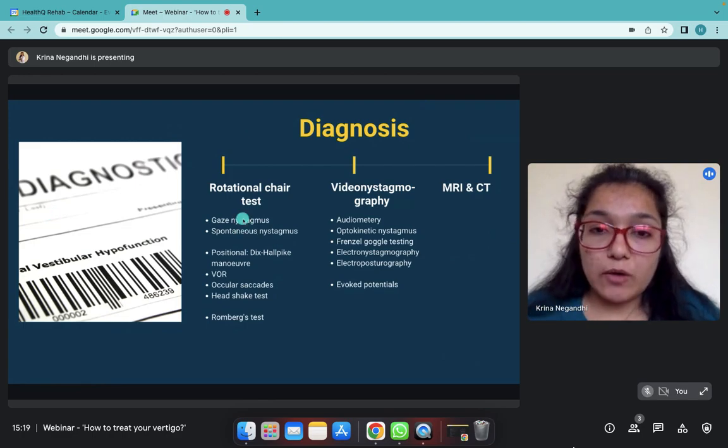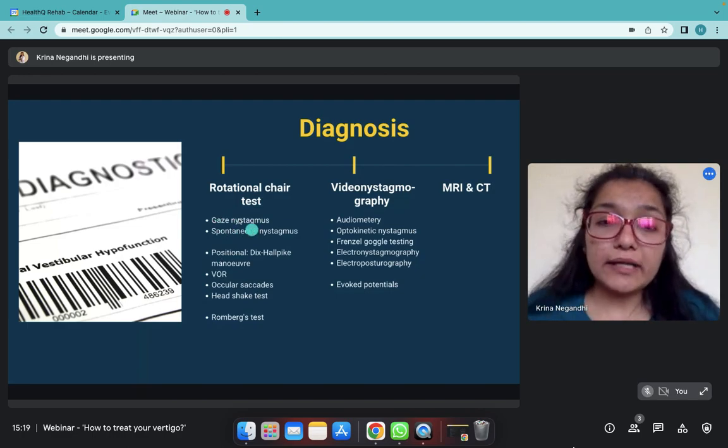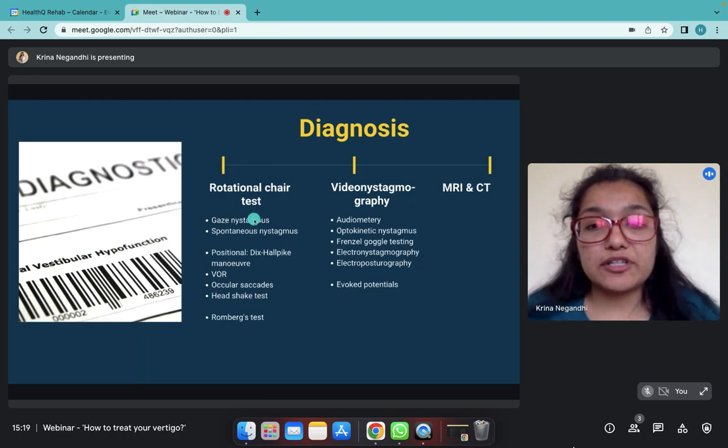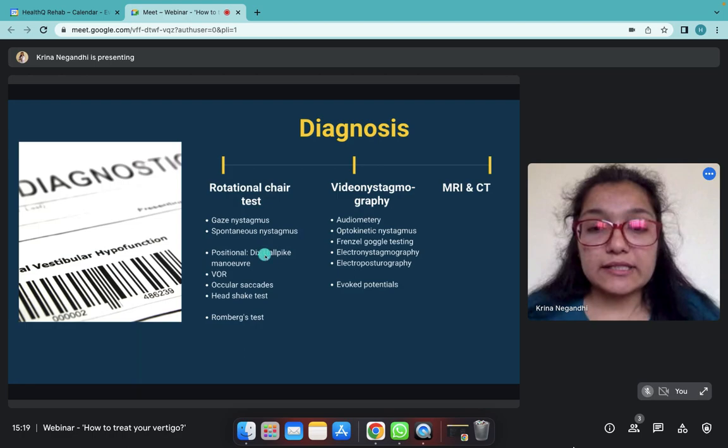Spontaneous and gaze nystagmus can be found in acute cases and also in chronic cases. Depending on the origin and clinical presentation, the person can be differentiated and diagnosed.